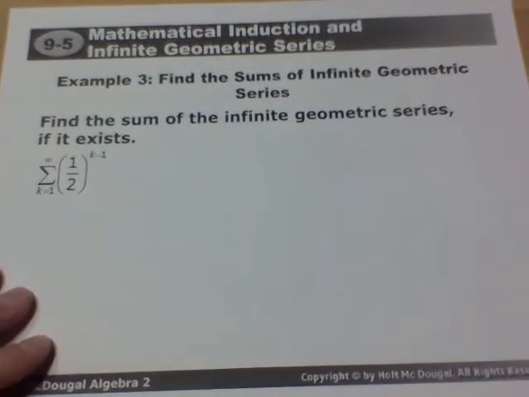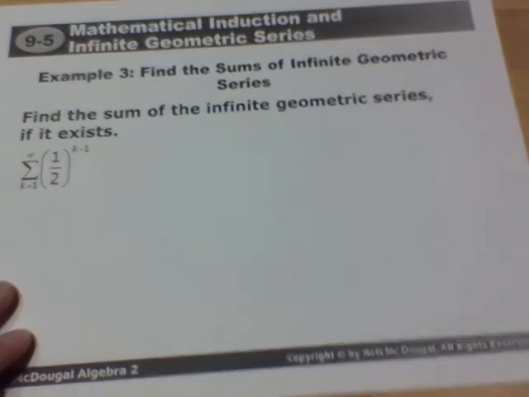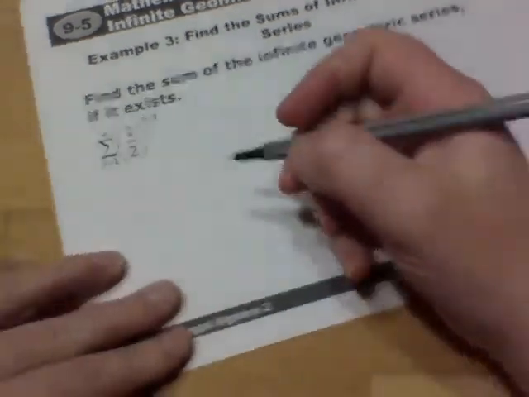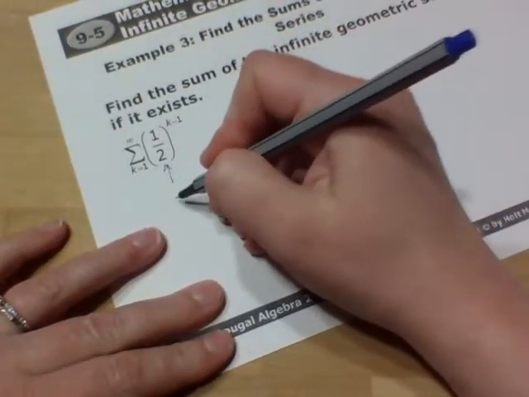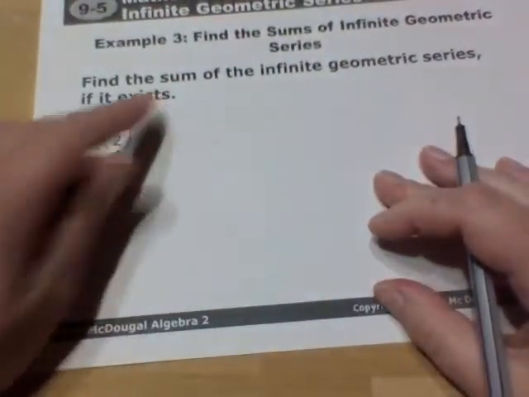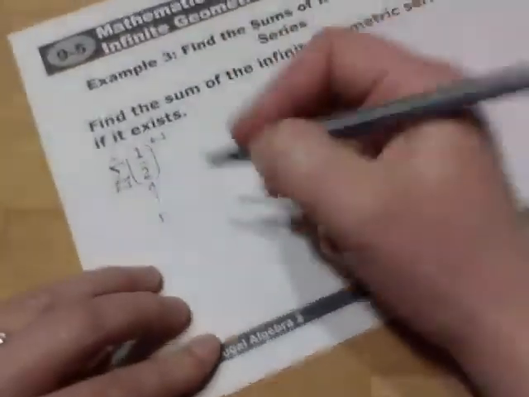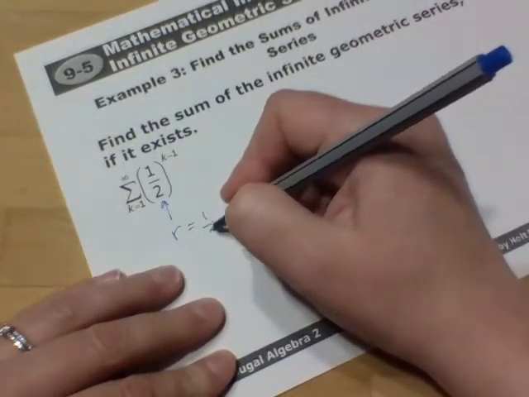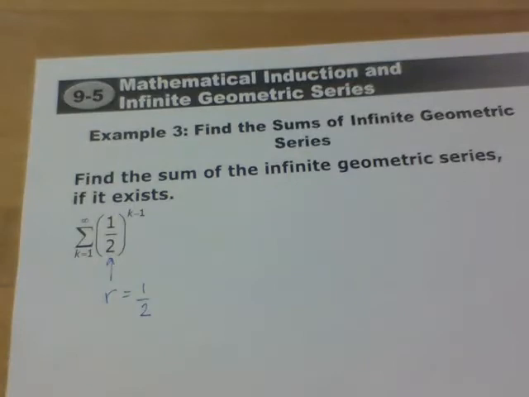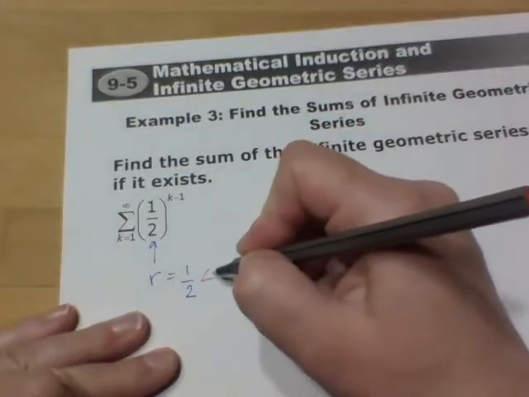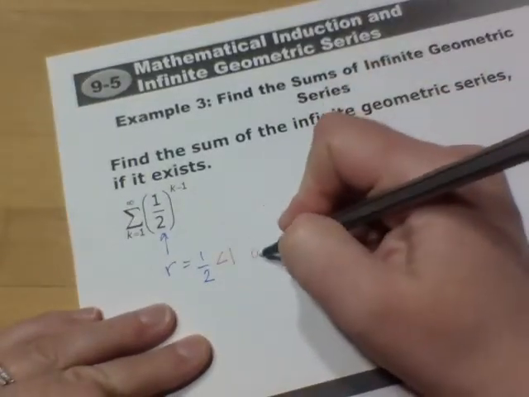All right, so then our next piece here, again, we're trying to find out if it converges or not, and so we need our R value. These are the type where we can actually just identify what the R is by the fact that it's sitting right here. It's that multiplier that's being raised to a power. So R is 1/2. And 1/2 is less than 1. And so because this R value is less than 1, we can continue because it converges.